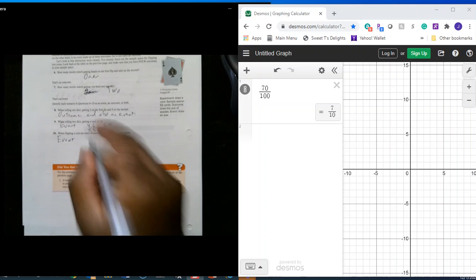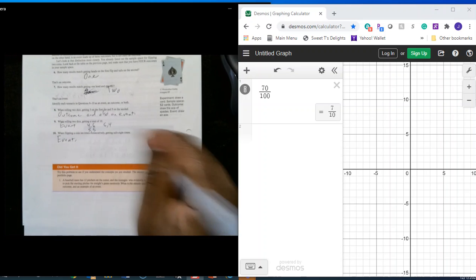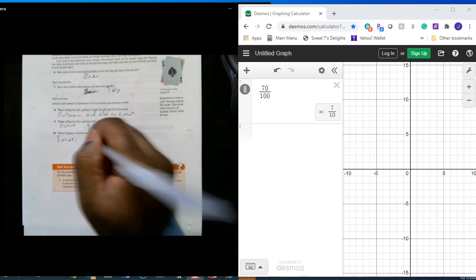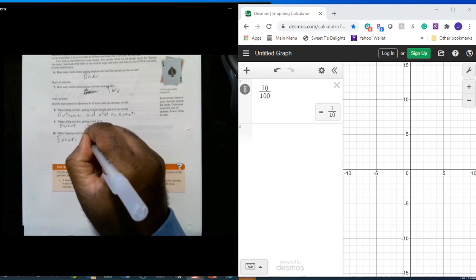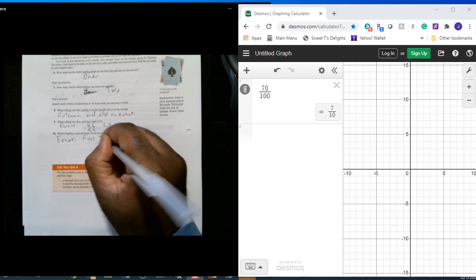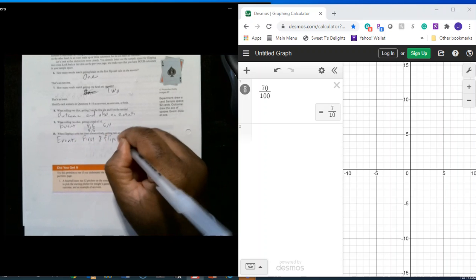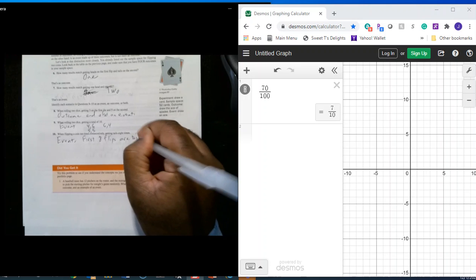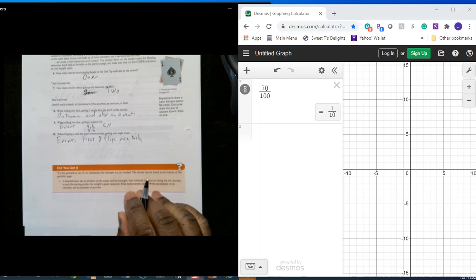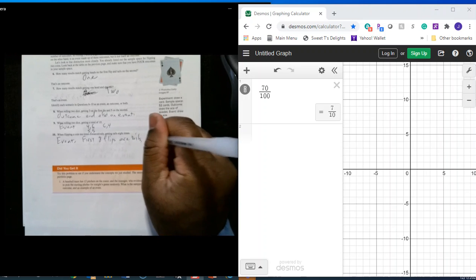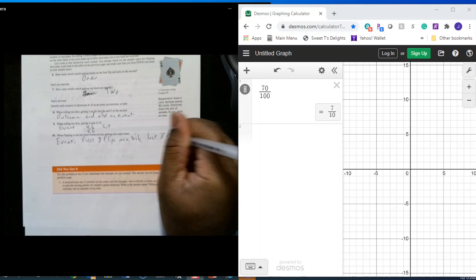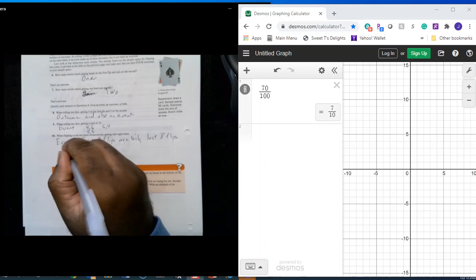And the reason being is you could get tails 8 times various ways. You could get the first 8 flips are tails. So that's one way it could happen. Or you could say the last 8 flips are tails.